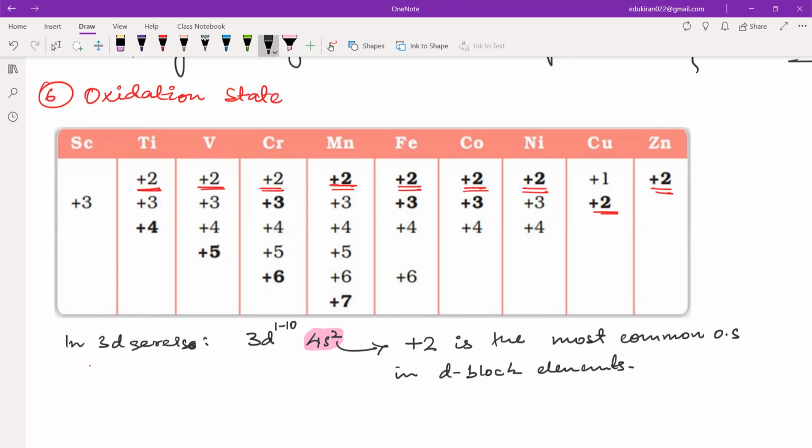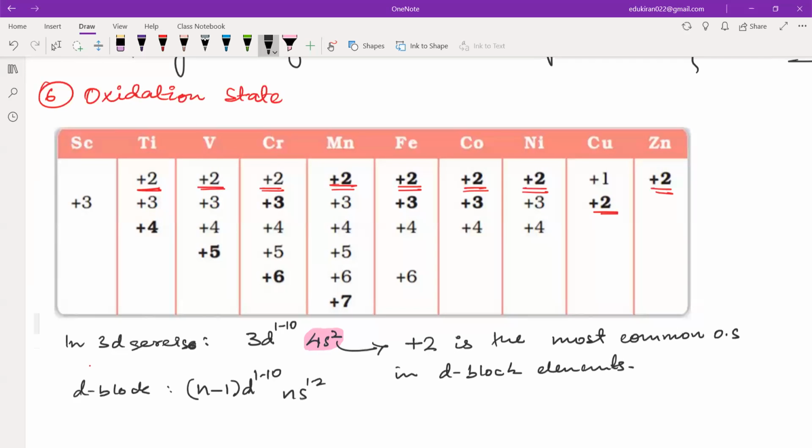One question will be, why is +2 the most common oxidation state in the D block elements? Then you will say that in the 3D series this is the order, but for the D block, the general electronic configuration is (n-1)d 1 to 10 and ns 1 to 2.